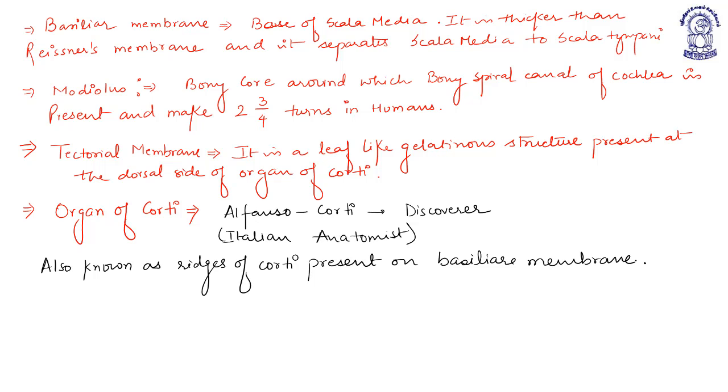The organ of Corti contains a variety of cells. They receive nutrients from endolymph.